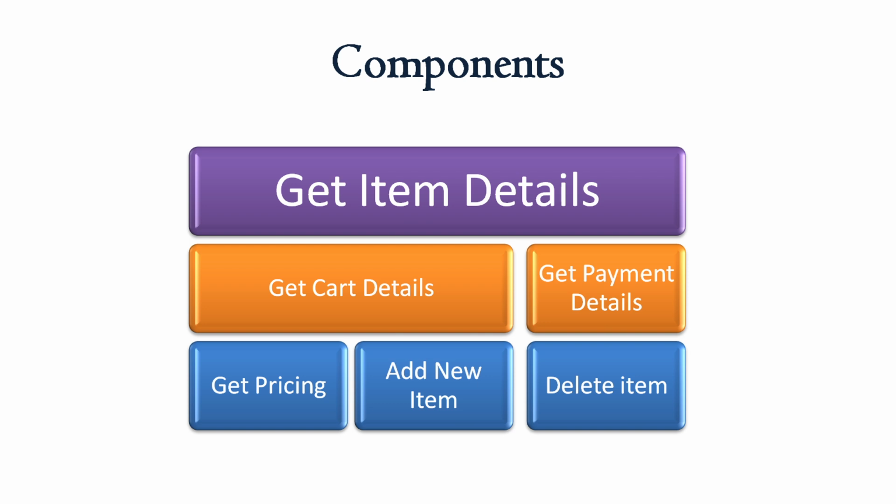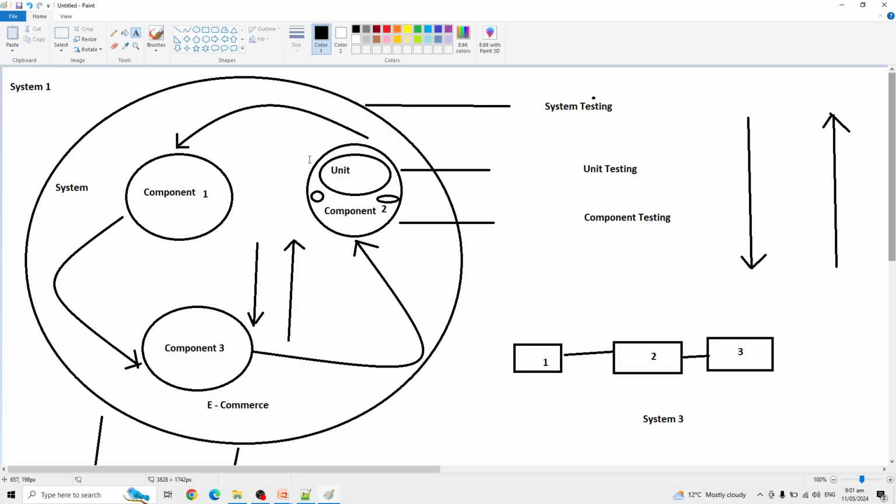If you give Samsung S24, it will return the overall summary, warranty, specification, reviews, rating, and the amount of the mobile. Everything will be inside this component. So the component is capable of returning all this. That is called a component, and testing it is called component testing. In component testing, we can do the testing either through API or through code. Done.